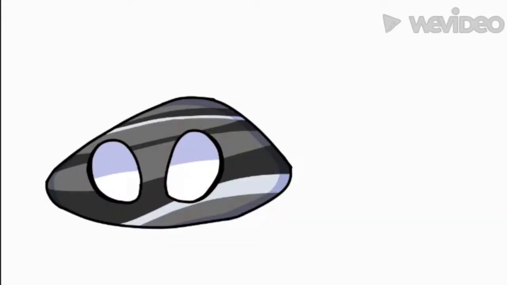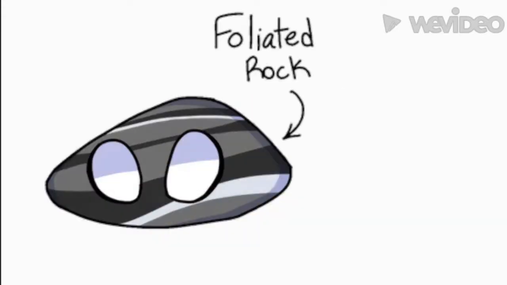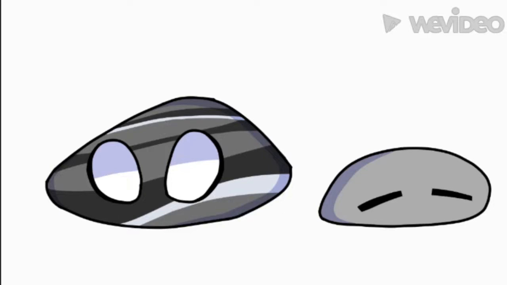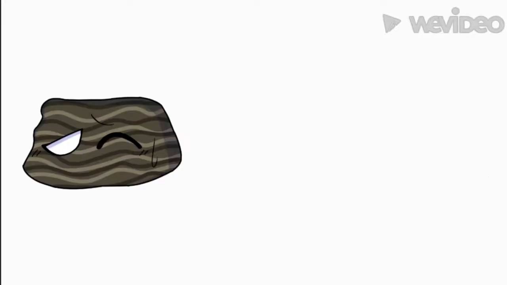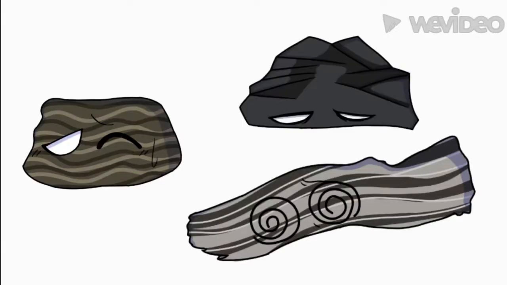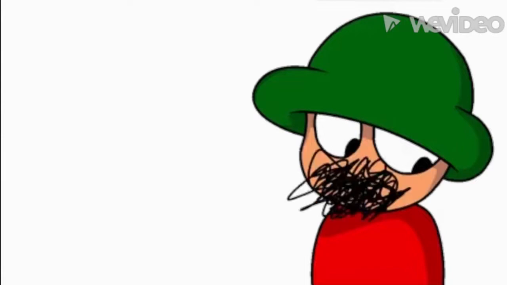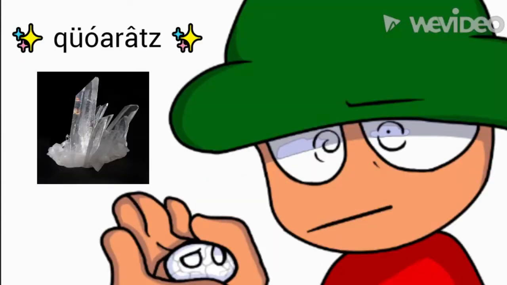The rocks with burnt lines are called foliated rocks, while the ones without burnt lines or patterns are non-foliated rocks. Some examples of foliated rocks are gneiss, schist, and slate. And here are some examples for non-foliated rocks too, I guess. Like marble and quartz.